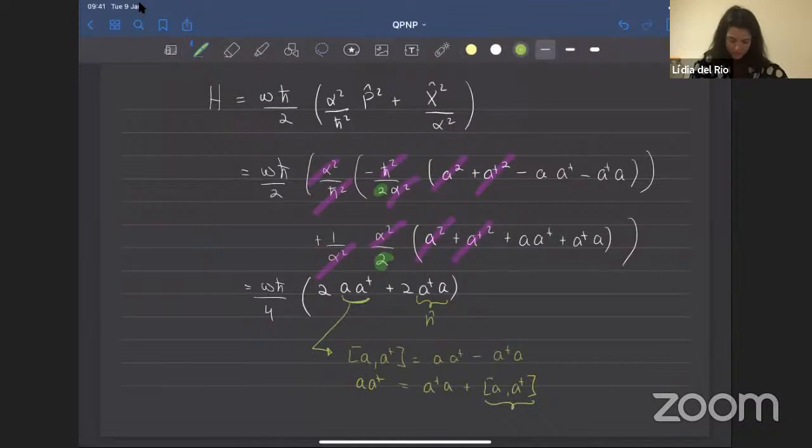And we know that this commutator is what? That's just the identity, right? Okay. So then this whole thing here is going to be omega h bar over 4, and now we have 2 times A dagger A plus the identity plus 2 times A dagger A.